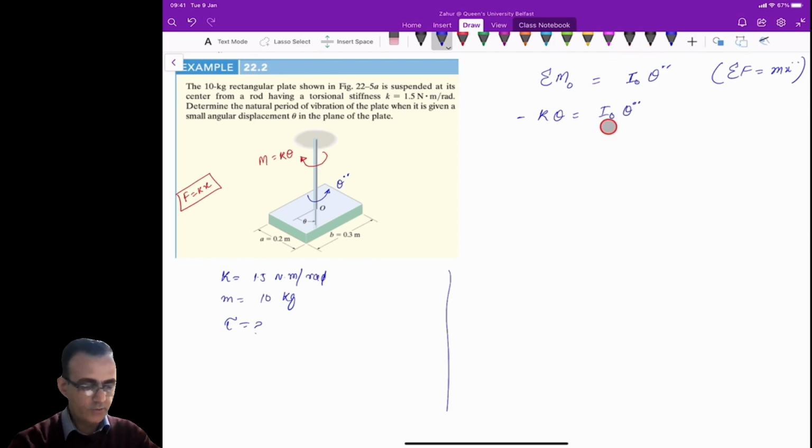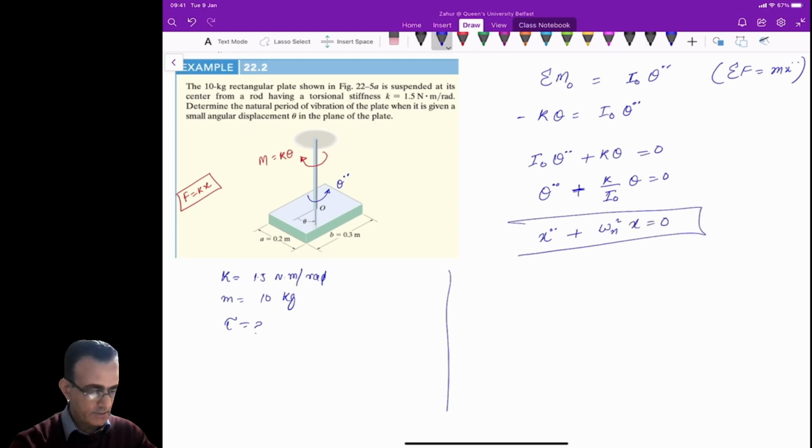So you can simplify this equation: I naught theta double dot plus k theta equals 0, or theta double dot plus k divided by I naught theta equals 0. Now we know that x double dot plus omega n square x equals 0. We derived this equation in the case of linear motion.